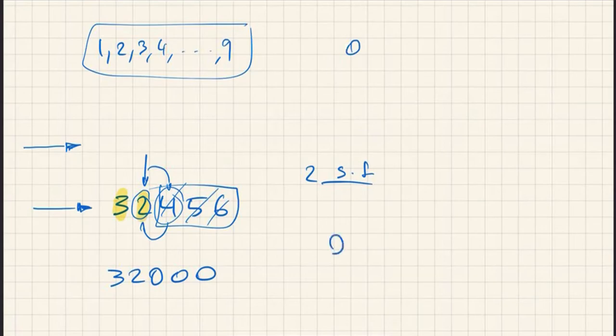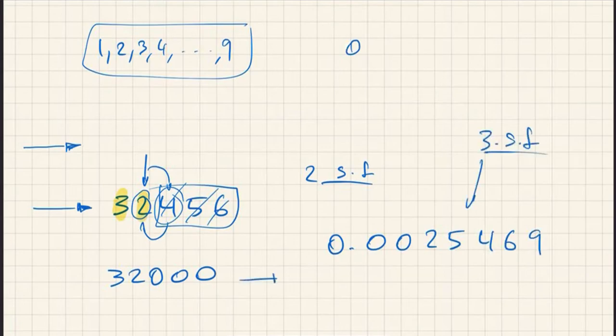Suppose that I have something like this: 0.0025469. I want you to approximate this to 3 significant figures. So I have to count from where? From the left. So what will it be? Anybody imagine what it could be? To 3 significant figures?